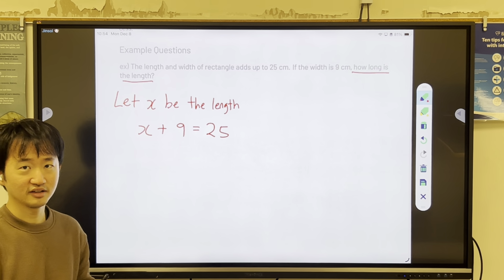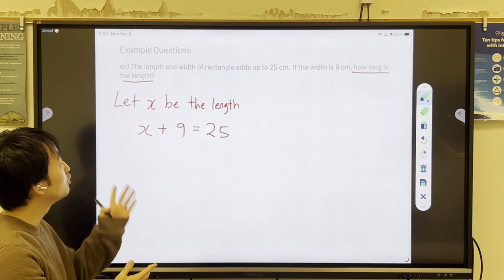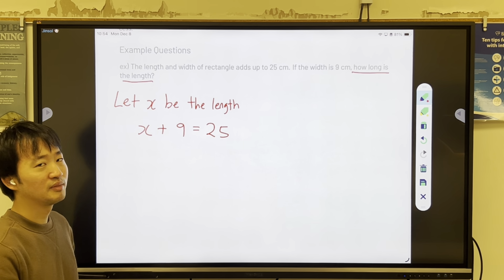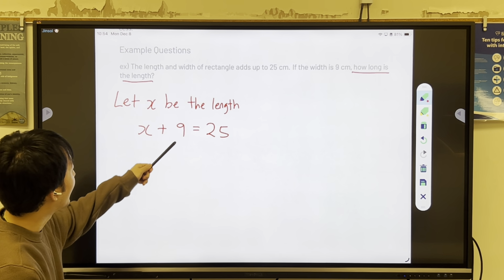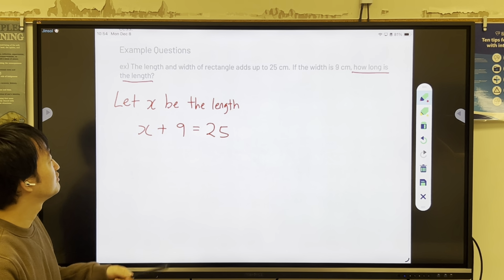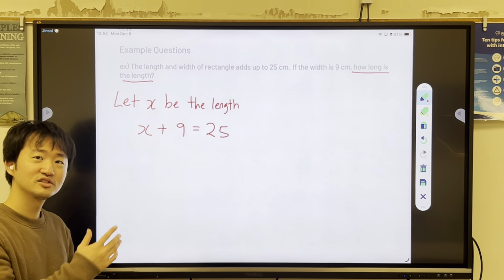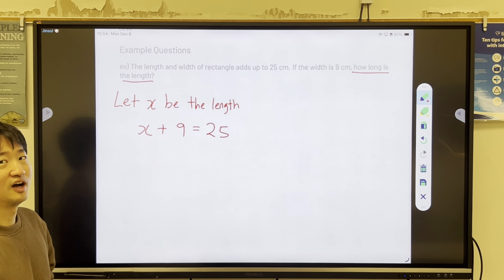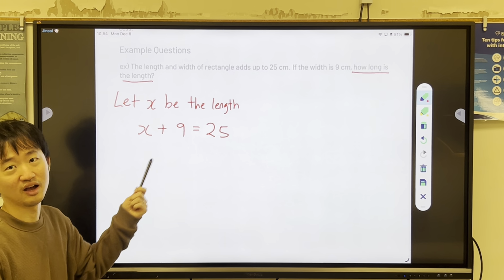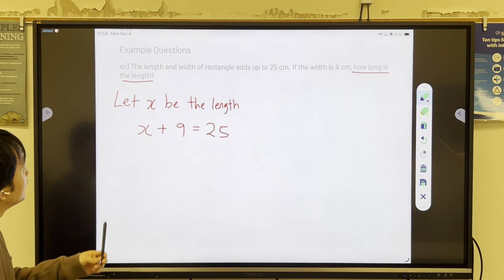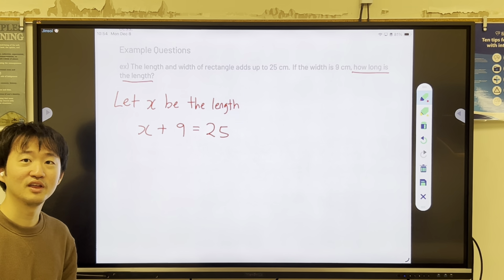So I'm translating an English statement and the given hint into a mathematical expression. If you want, you can start with some easier sentences like length plus width equals 25 or things like that too.